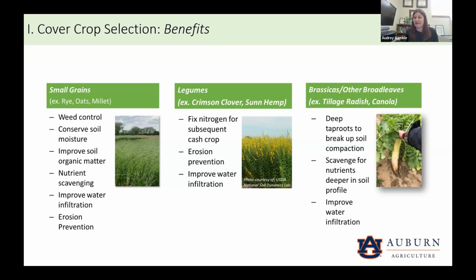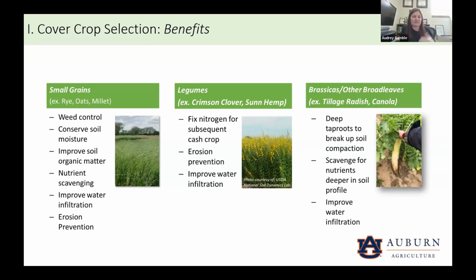And when they're doing that, they're taking nutrients that were maybe left over from your previous crop. So let's say we had applied nitrogen to tomatoes and not all of that nitrogen was taken up by the tomato plants. There's still nitrogen in the soil. The roots of these covers can scavenge deep into the soil profile, bring that nitrogen back up so that it can be recycled to the next crop.